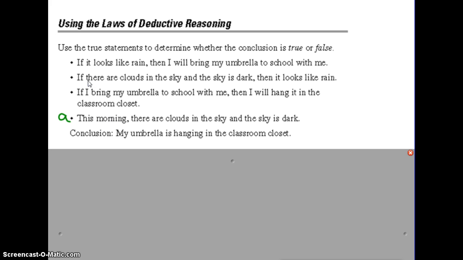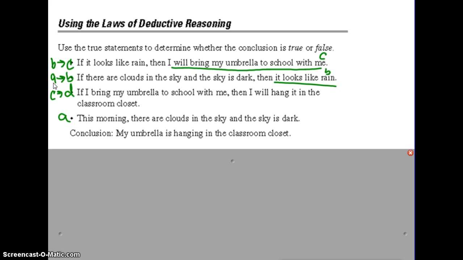So this morning there are clouds in the sky and the sky is dark. Well, I can see that if there are clouds in the sky and the sky is dark, then it looks like rain. So that means that A implies B, and B means it looks like rain. So if it looks like rain, we have B implies C, then I will bring my umbrella to school with me. That right there would be statement C. And then if I bring my umbrella to school with me, C implies I will hang it in the classroom closet.